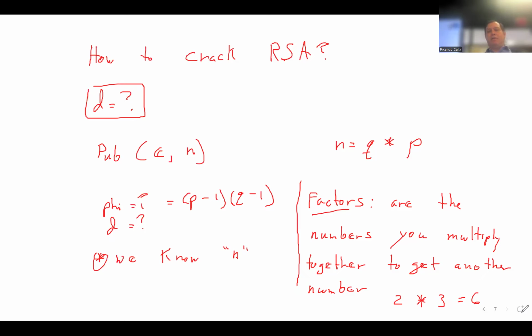So for instance, if we have a bigger number, let's say 12, I could ask you the question, what are the prime factors of 12? We have 6 times 2 is 12, but these are not the prime factors of 12.